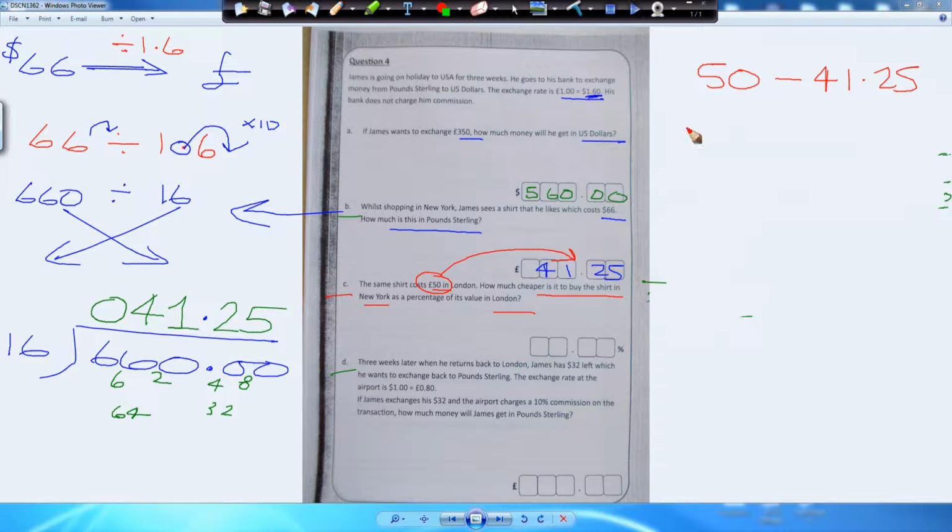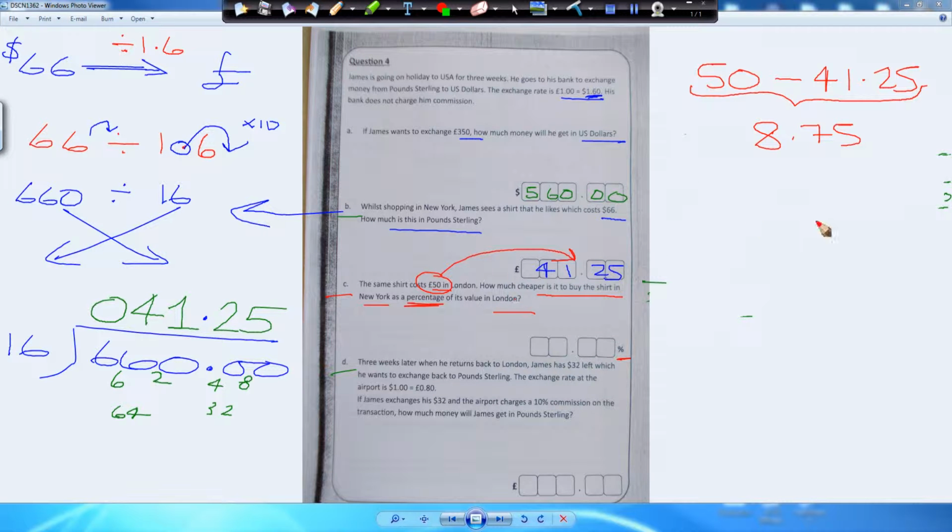We've been asked to work out the percentage. First of all, we work out what the difference is, because how much cheaper is it to buy? They want the answer as a percentage. So 50 minus 41.25 gave us an answer of £8 and 75 pence. That is how much it is cheaper.